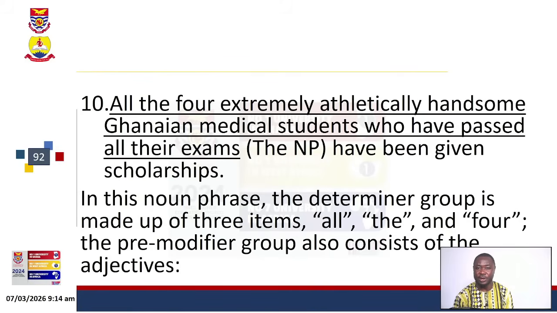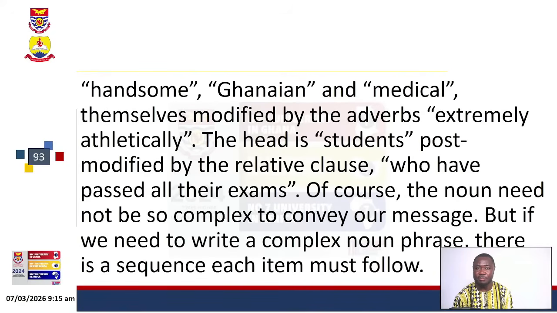The pre-modifier group consists of adjectives, that is handsome, Ghanaian, and medical, themselves being modified by the adverbs extremely and athletically. The head is students, and it is post-modified by the relative clause who have passed all their exams.